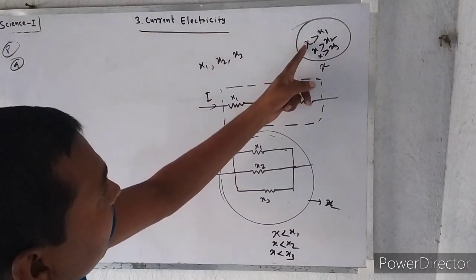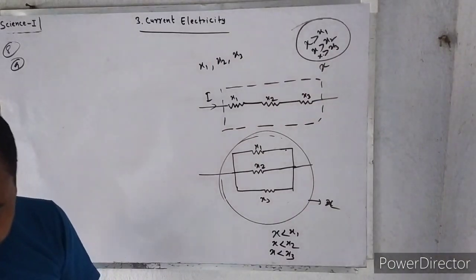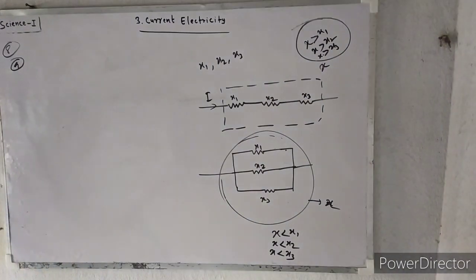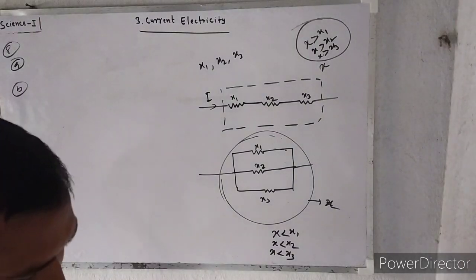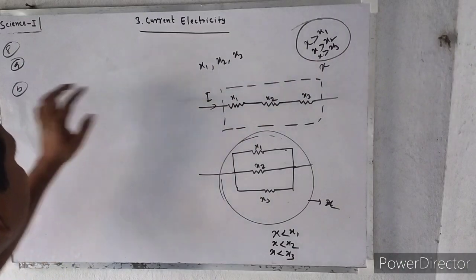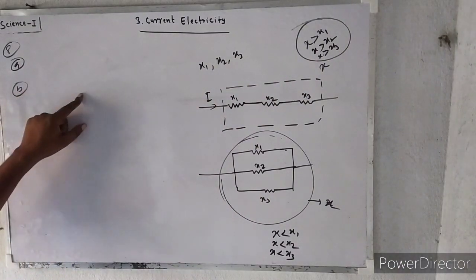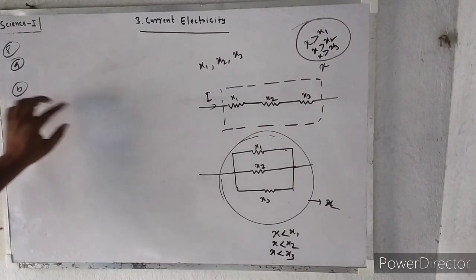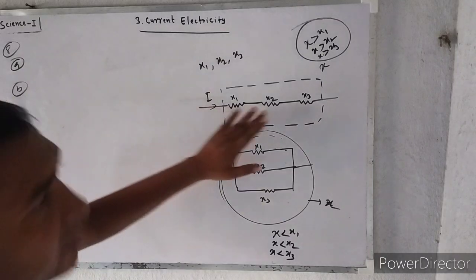X is larger than X1, X2 and X3. It means what? In B you will write, since X is larger than X1, X2 and X3, it means X1, X2 and X3 are connected in series combination.